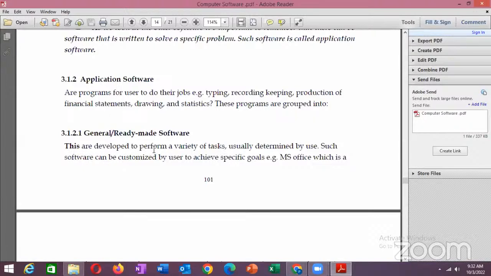If you go to your smartphone, you can see MS Word, Excel, PowerPoint, Publisher. They are there, and they are what we call the general purpose software that you can use to solve given problems.